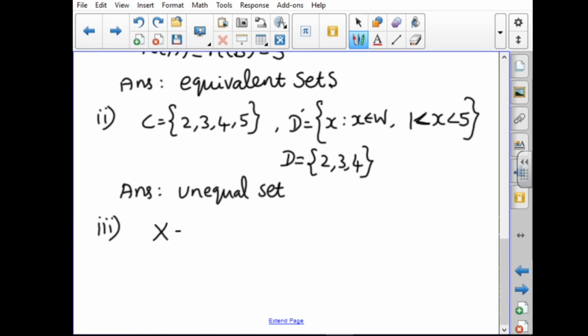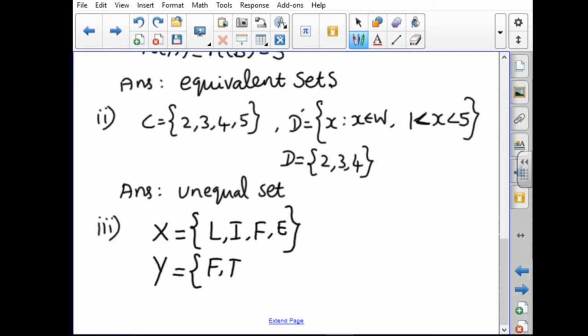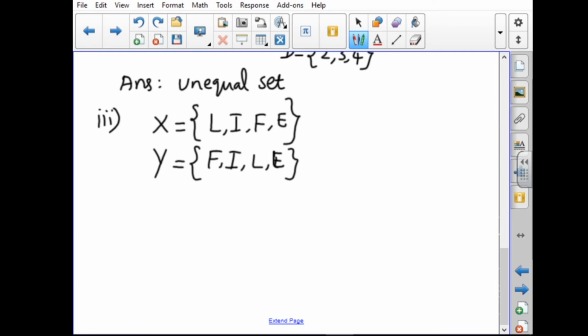We express the elements in the word life: L, I, F, E. Then Y is equal to the elements F, I, L, E. Check the two sets: here L, I, F, E and here F, I, L, E. All the elements are equal; the arrangement does not matter. So set X is equal to set Y. Therefore the two sets are equal sets.